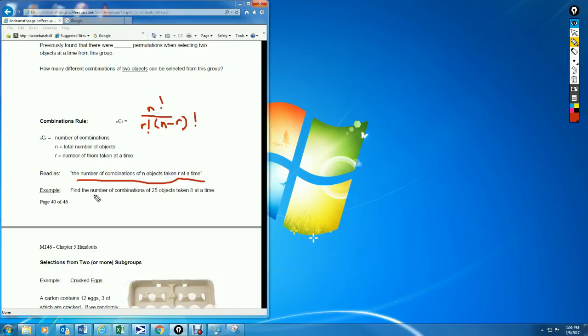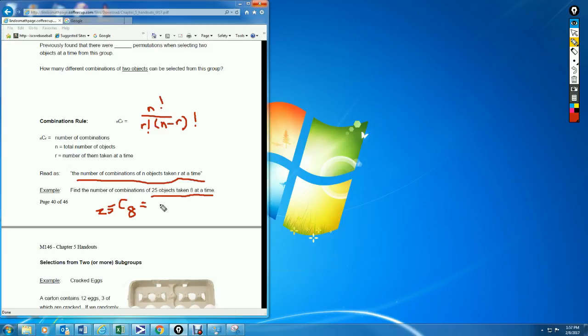So for example, find the number of combinations of 25 objects taken 8 at a time. So in other words, I want you to find 25C8. And I don't want you to find it using the formula. I want you to find it using your combination function on your scientific calculator. So again, hopefully you have already figured out how to do this. So here is one more test case. So go ahead and try that.